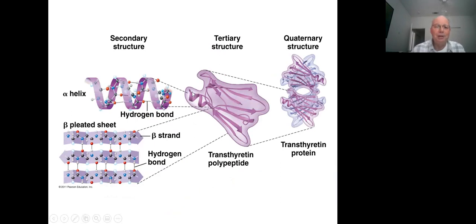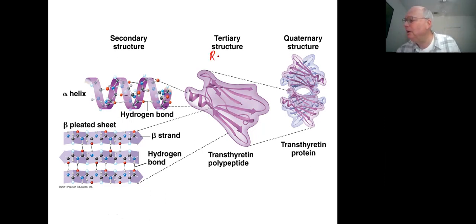So here's a summary diagram. Of course, the primary sequence is fairly simple to understand. It's just a sequence of amino acids. But then we get the alpha helix and the beta pleated sheet as a consequence of having a specific sequence of amino acids in a particular region of the polypeptide that naturally folds into either the helix or the pleated form, and it's stabilized by hydrogen bonds. The final 3D folding, remember, is the tertiary structure, and it's the product of R group interactions.